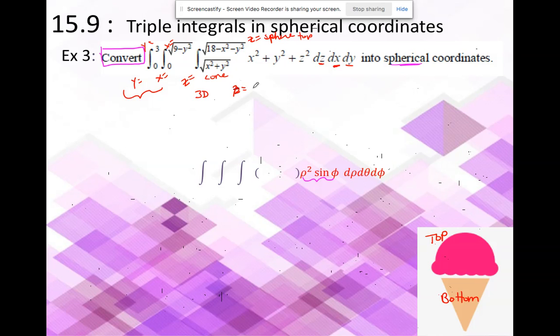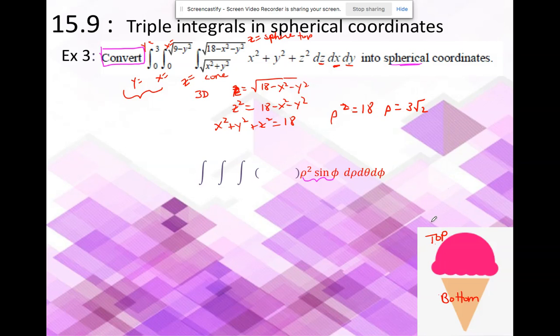If you have z equal to the square root of 18 minus x squared minus y squared, so x squared plus y squared plus z squared is equal to 18. Therefore, rho squared is equal to 18. Rho is then equal to the square root of 18, or 3 root 2. Don't care how you do that.